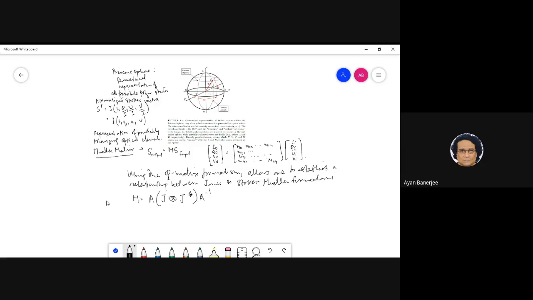Okay, typically, however, in experiments, it is easier to measure this. For example, the power of the Muller matrix is, see, the optical elements are very simple. That is not what is really so great. But suppose I'm trying to find out, say, some kind of tissue, biological tissues. They are highly depolarizing, okay?